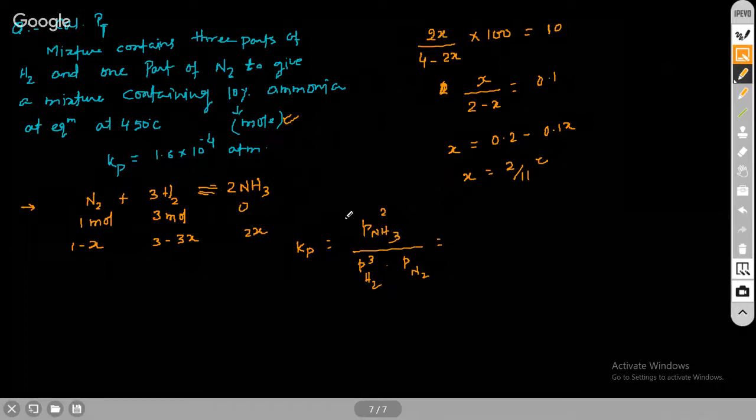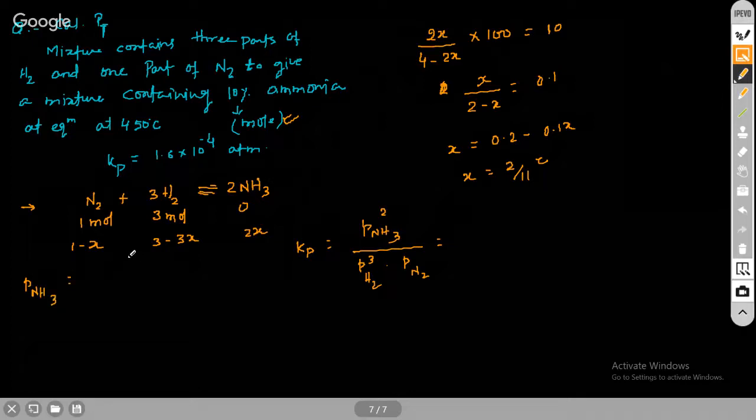Partial pressure of NH3 will be 2x divided by 4 minus 2x into total pressure. I'll write down separately; it's better to calculate PNH3 separately and then substitute over there.